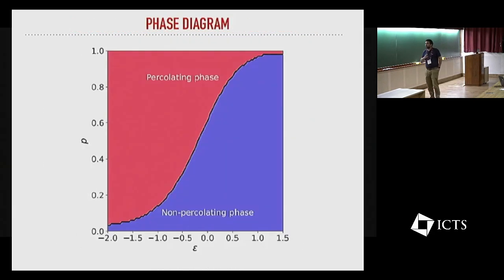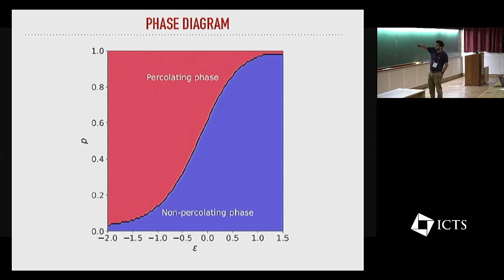I won't go into the details of the computation, but what you can show is that by changing p, which is not exactly the site occupation probability anymore because of the mapping to the fugacity, p versus E can be computed, and this is a percolating and non-percolating phase.